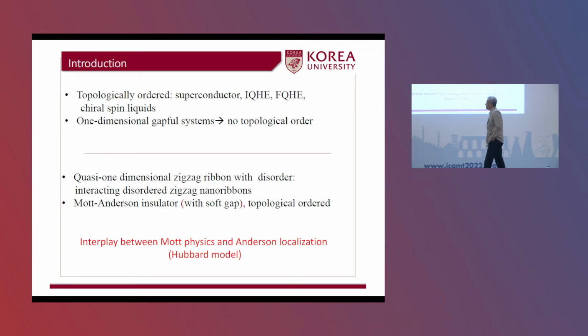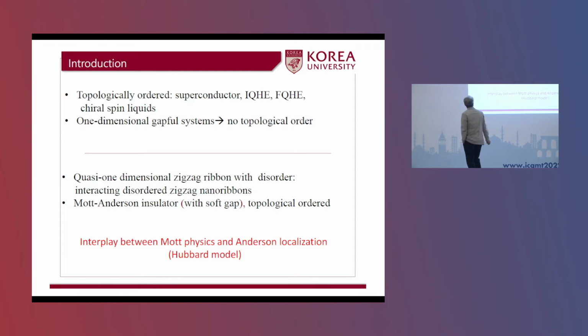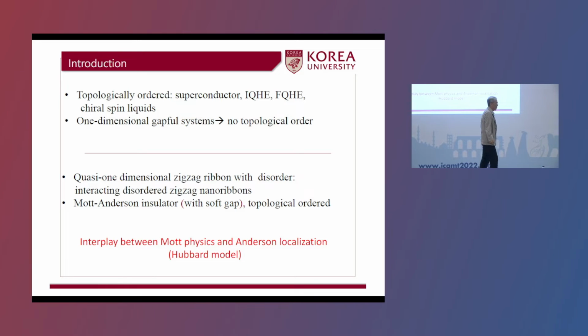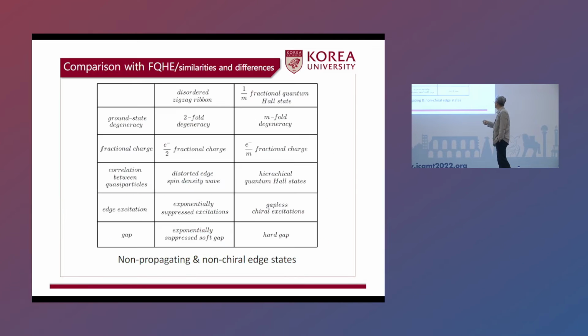So we know several topologically ordered insulators. The best known one is the superconductor, and also we know integer quantum Hall states and fractional quantum Hall states. They are all topologically ordered insulators. And there are also chiral spin liquids.